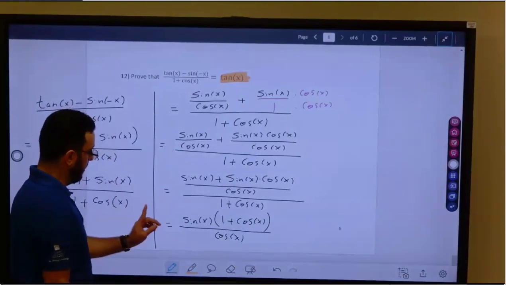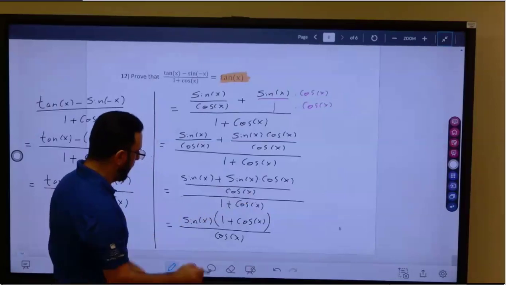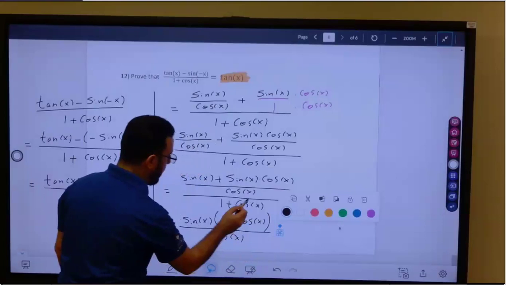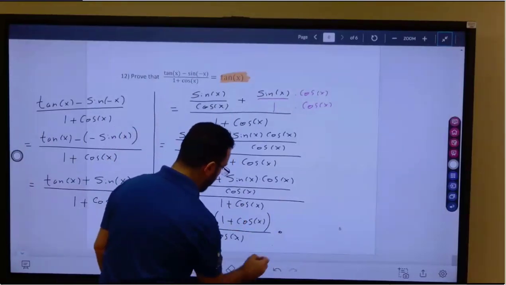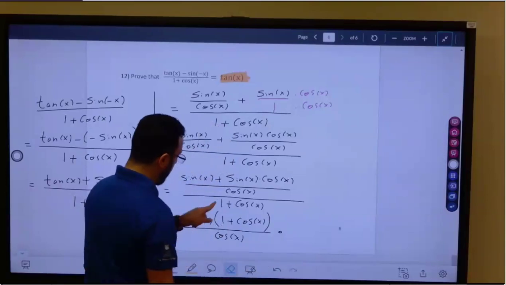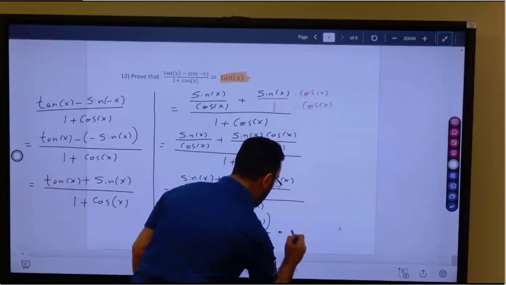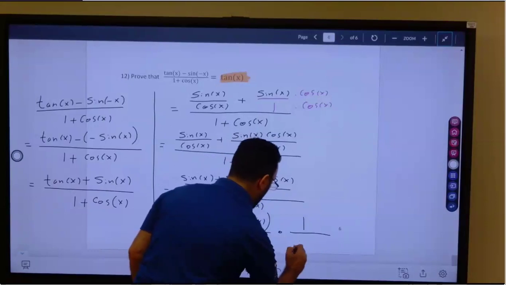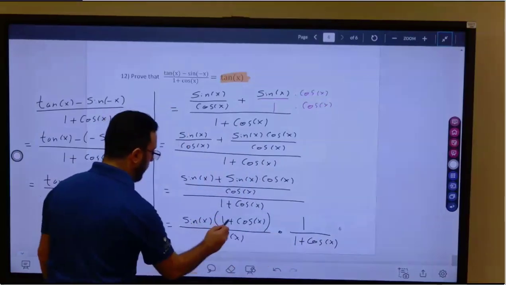But this is only the top part, and this is division. I can convert the division to multiplication and take the reciprocal of the second part. The reciprocal here, this is over 1, so there will be 1 over 1 plus cosine x. You can cancel 1 plus cosine x with 1 plus cosine x.